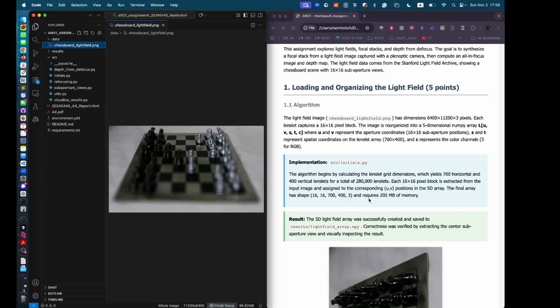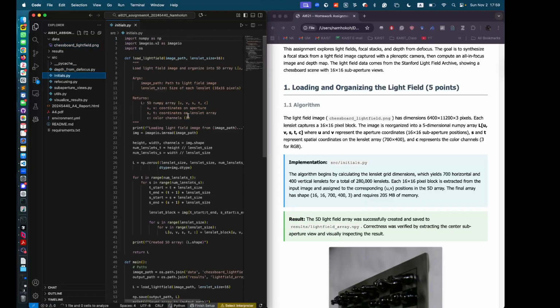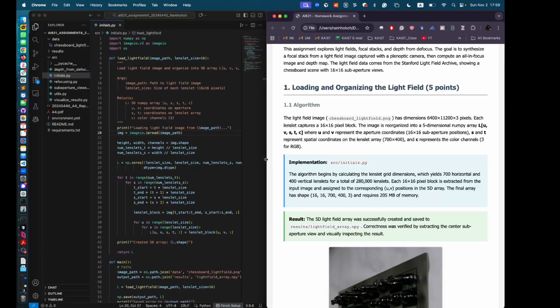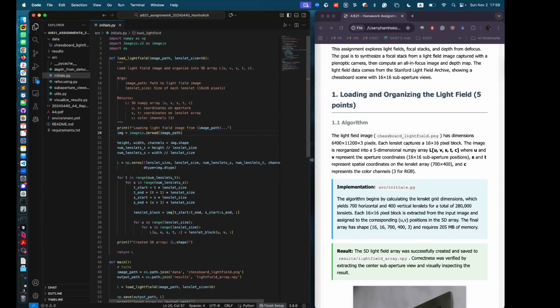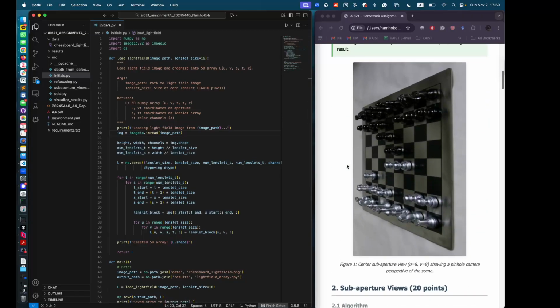The first challenge is organizing this massive image into a useful data structure. So if we look at the initials.py script on the left-hand side, you'll see in figure 1 here, the key function is load light field.